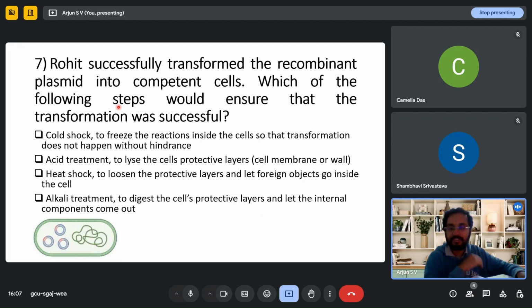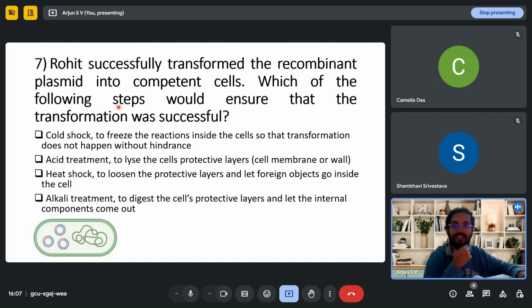Question number 7 is, Rohit successfully transformed the recombinant plasmid into competent cells, and which step will ensure the transformation was successful? They are given four options: cold shock, acid treatment, heat shock, and alkali treatment.